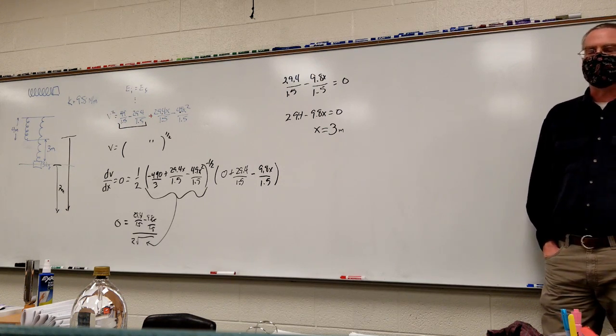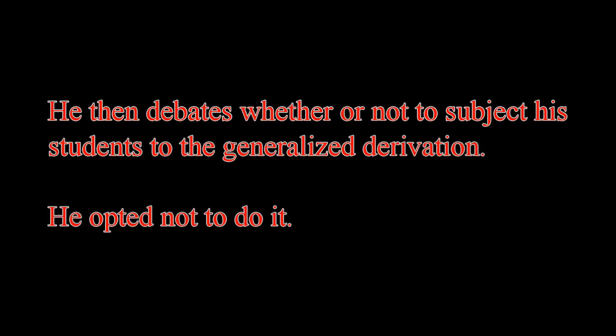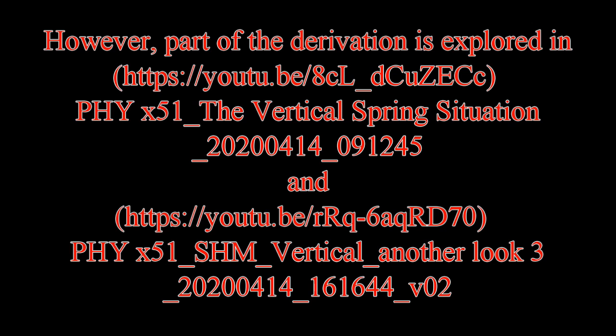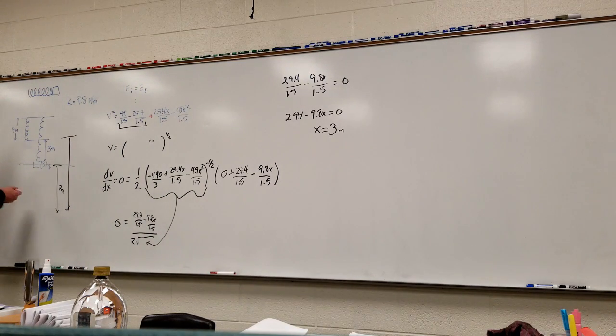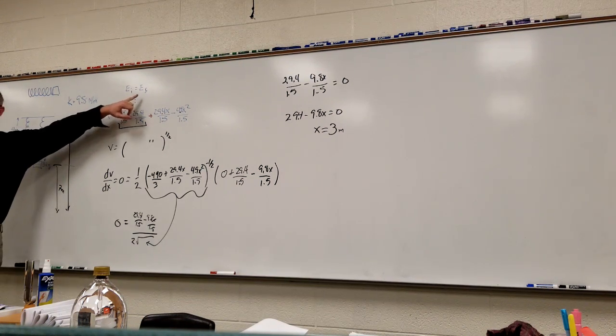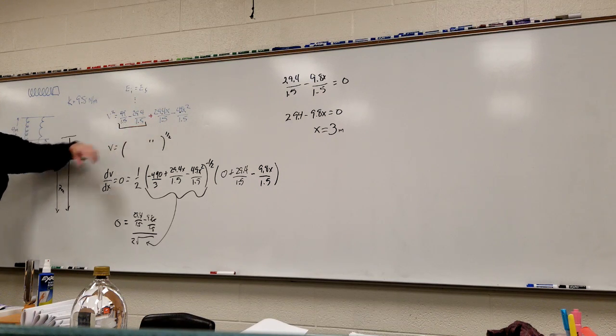So let's do it slightly more generically. When you are given the vertical problem and you're looking at energy to figure out what the maximum speed is, you can do it exactly the way we did it here.